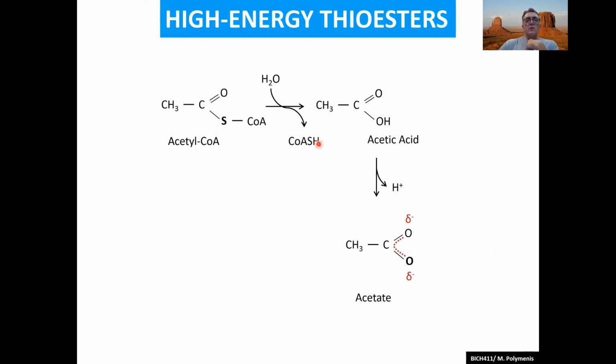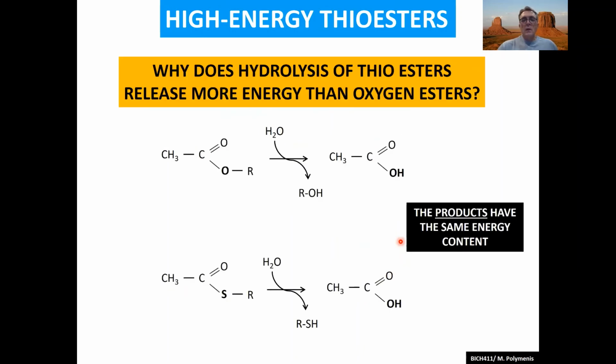So that's the hydrolysis. You have coenzyme A, and you release acetic acid, which then loses a proton and becomes acetate. So you can delocalize here the negative charge on the two oxygens. But the product has the same energy as from an oxygen ester.